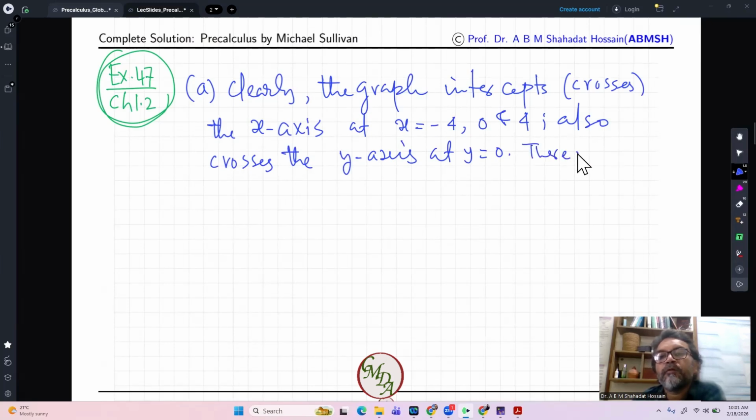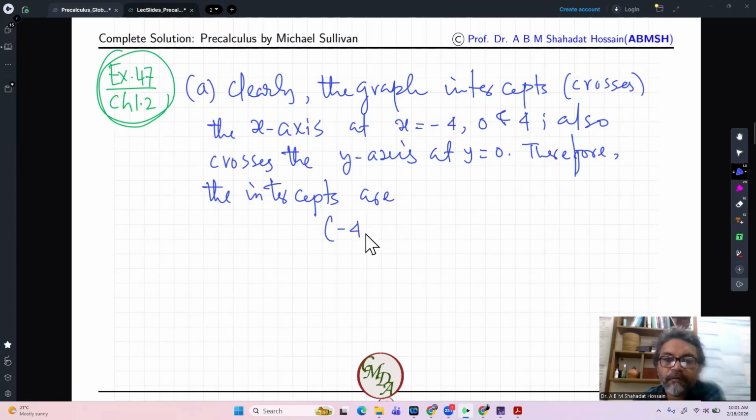Therefore, the intercepts are (-4, 0), (0, 0), and (4, 0). So let's move to part B.